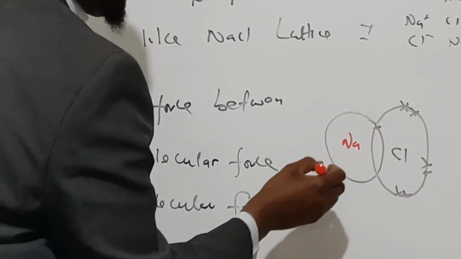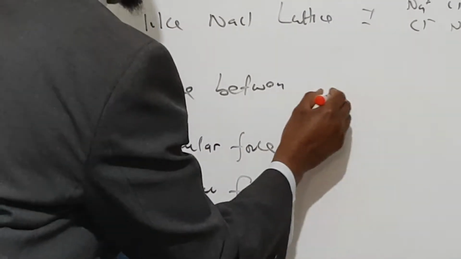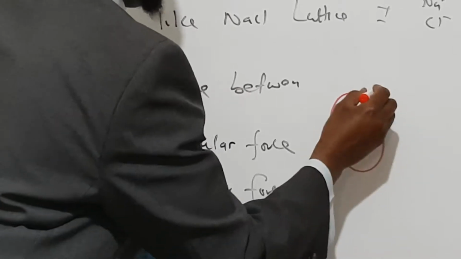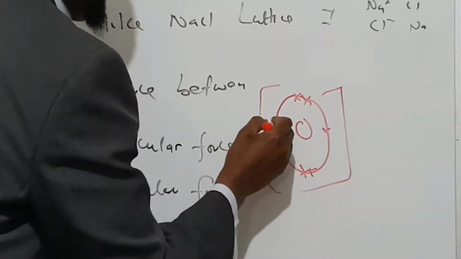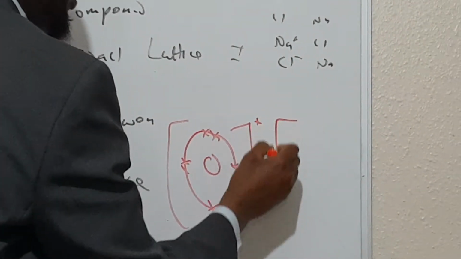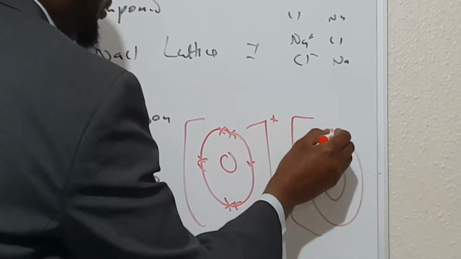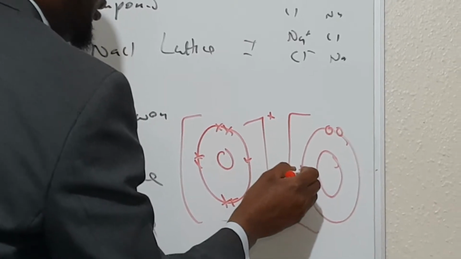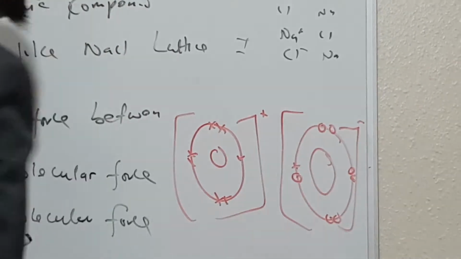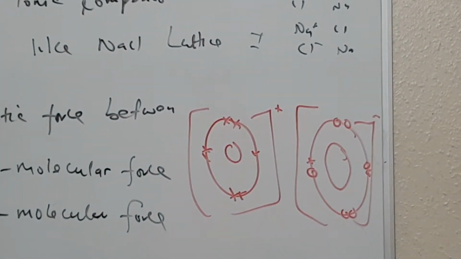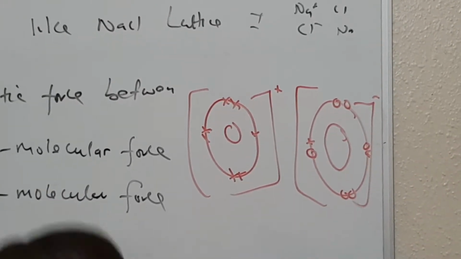Sodium ion, I think 8 here, and it's positive, and then we have the chlorine ion, now 8 here, and 1 minus. This is the molecular structure, how it is depicted.